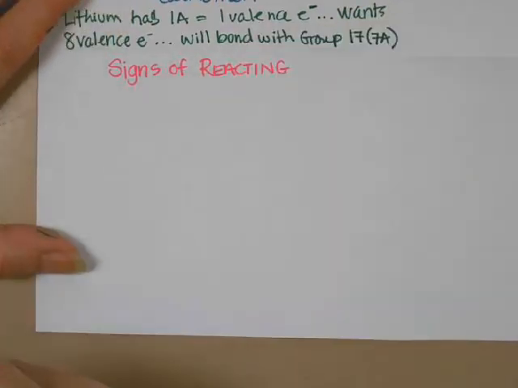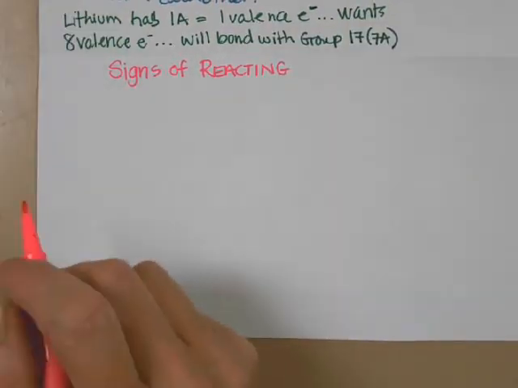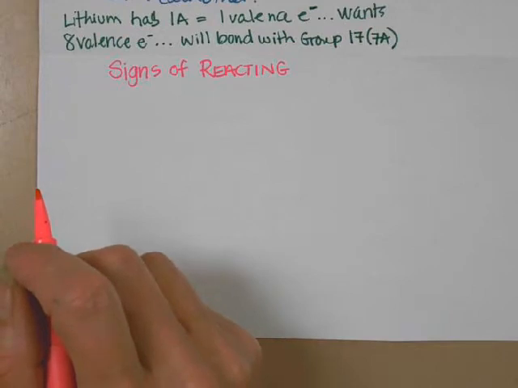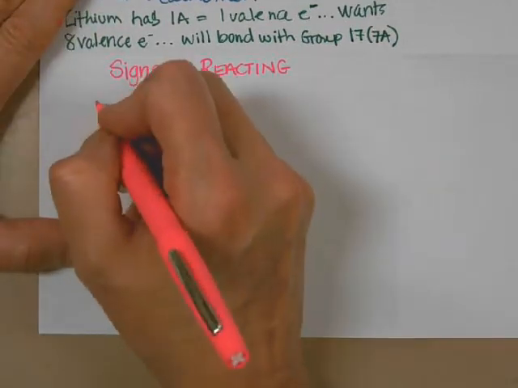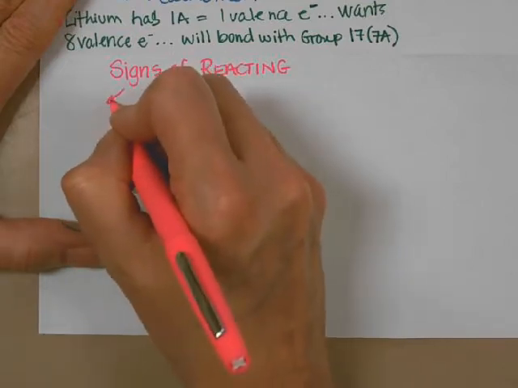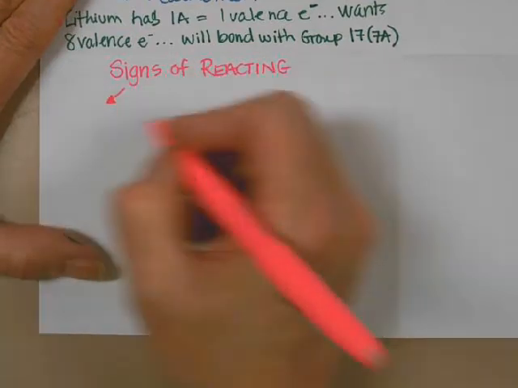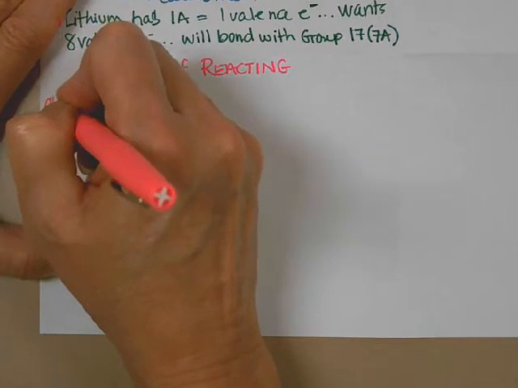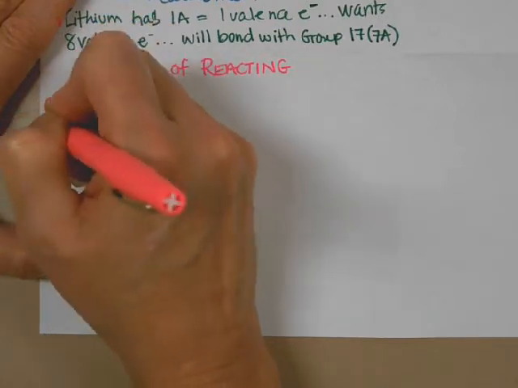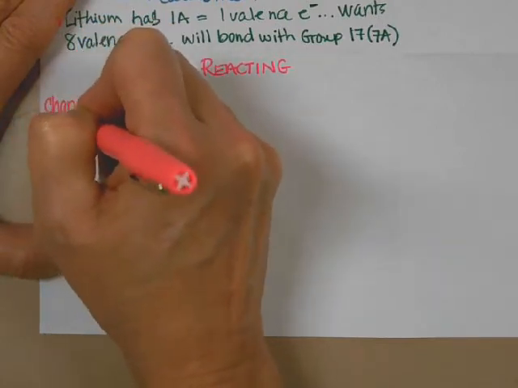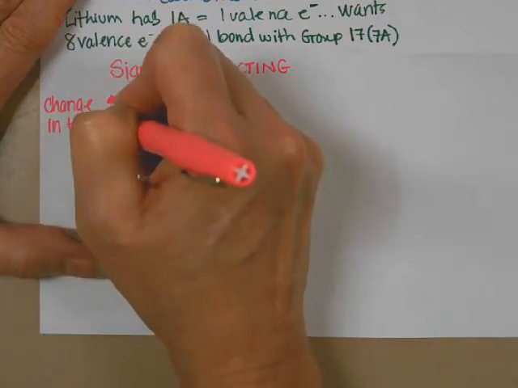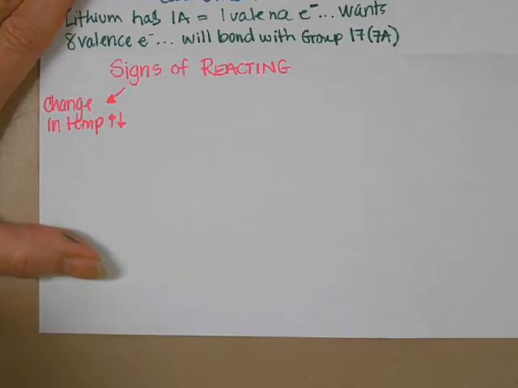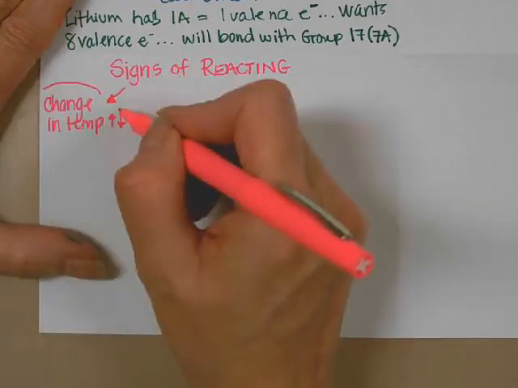What are those signs that we talked about? Do y'all remember? So we have a change in temperature. Either the temperature goes up or it goes down when two things come together that have a chemical reaction.